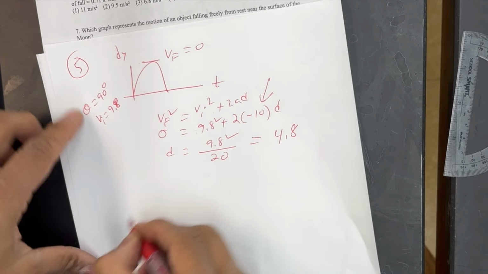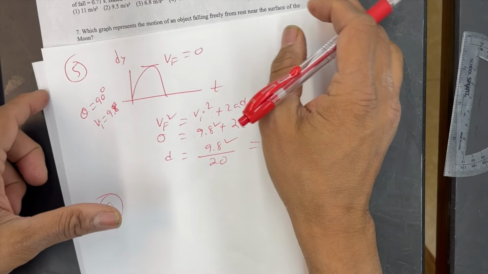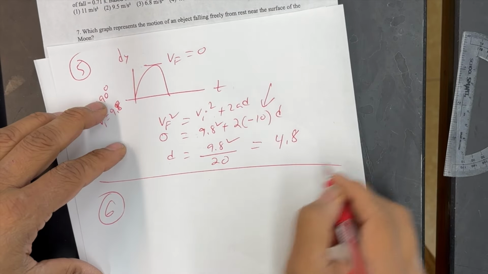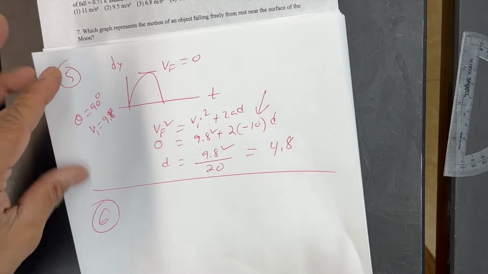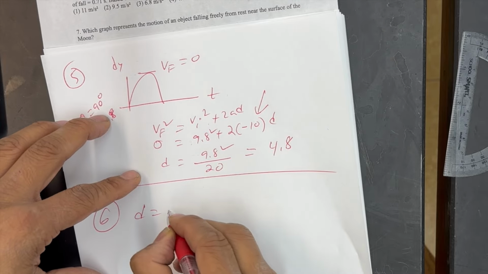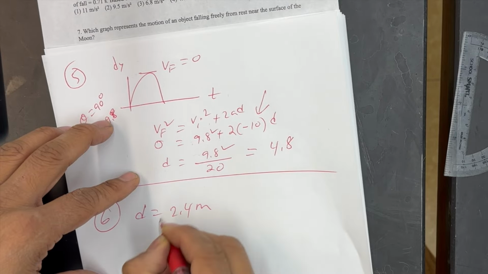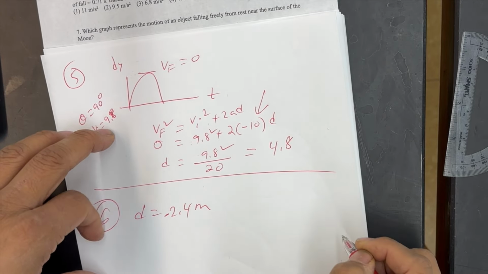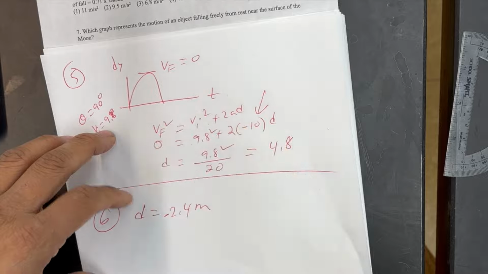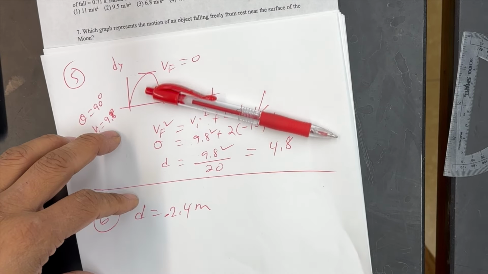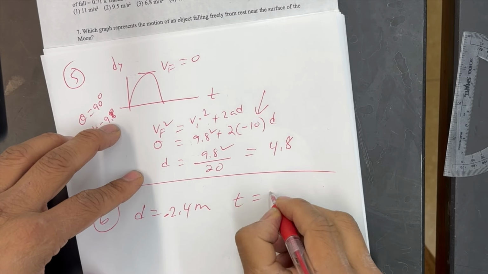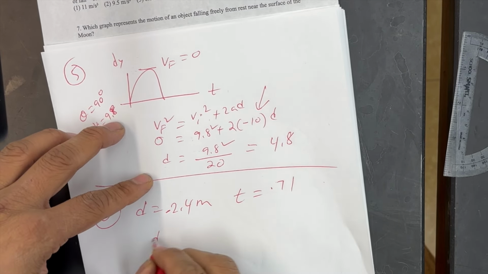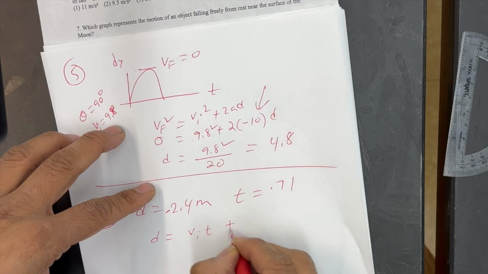Problem 6: as I asked you to do this lab, you remember I asked you outside to drop a ruler and you measured how much distance the ruler fell, and that is 2.4 meters. Remember, this is negative because it's falling in this direction. The time you measured is 0.71. Now you write d is equal to vit plus half at squared.